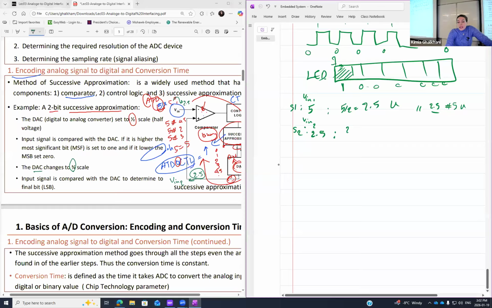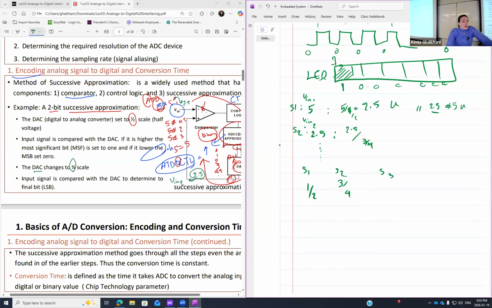It means this guy right now, 2.5, is going to be divided by 3 over 4. Suppose it's a big number; initially it is 1 over 2. Then it becomes 3 over 4. This is step 1, step 2. Somebody tell me what would be step 3 if I'm having a big number.